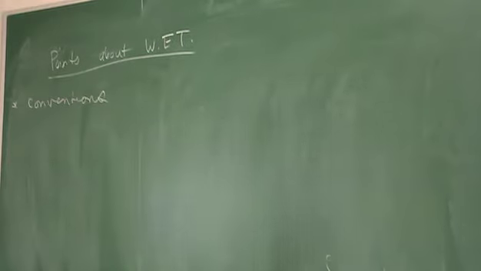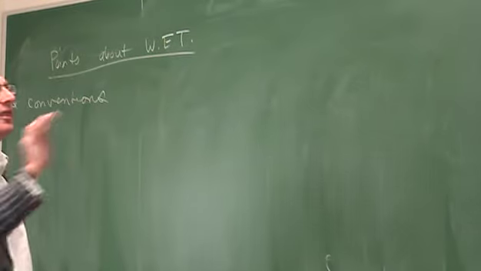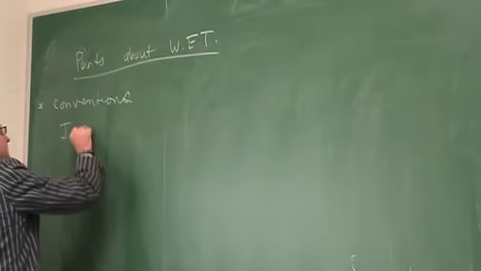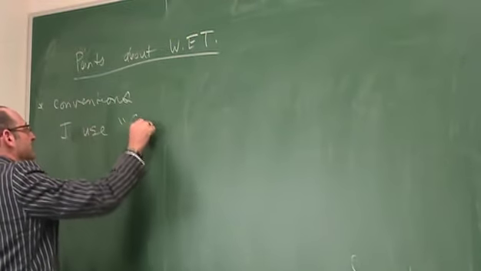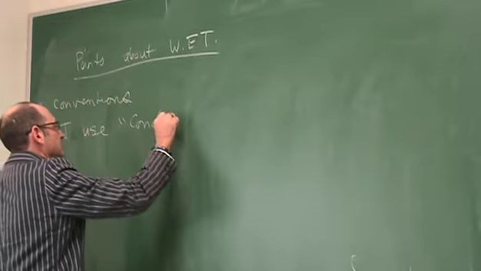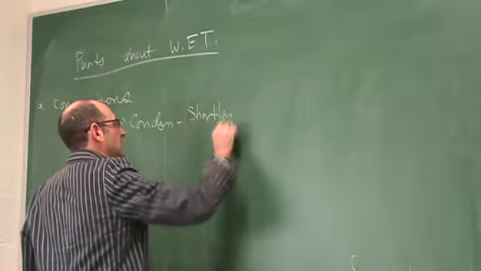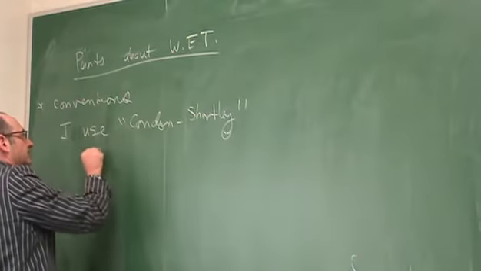Just like the Clebsch-Gordan coefficients, if you look in a textbook, there's like a jillion different conventions about how people define the Clebsch-Gordan coefficients. The same thing is true about the Wigner-Eckart theorem. The convention I'm using here is the so-called Condon and Shortley convention.